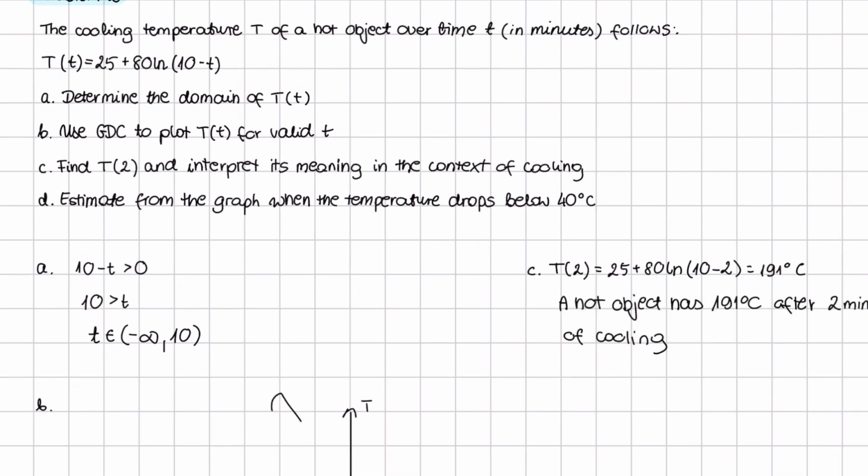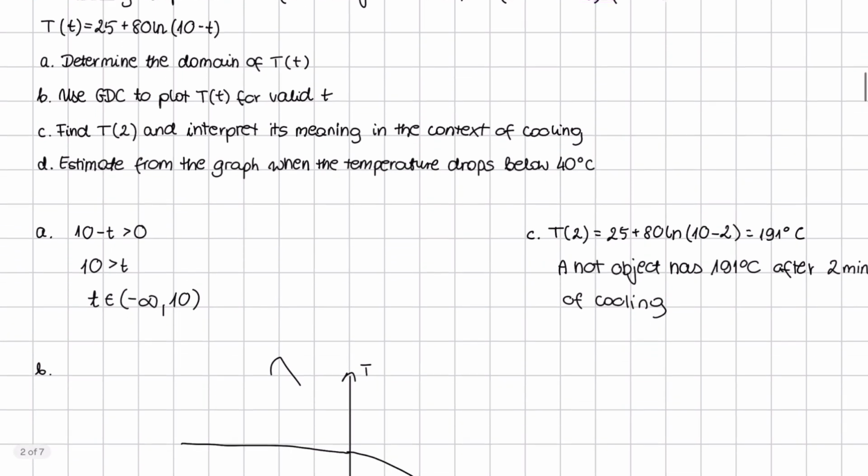D. Estimate from the graph when the temperature drops below 40 Celsius degrees. So we have to substitute 40 into T as a temperature. So it is 40 equals 25 plus 80 natural logarithm of (10 minus t), and we're looking for t, or we can just find it on our graph.